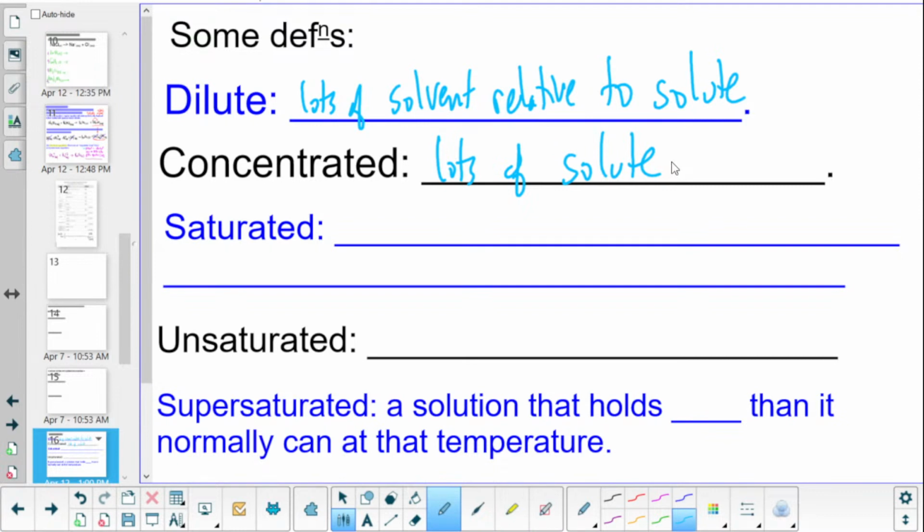Saturated? Saturated means, relative to solvent, it does mean a lot of solute. Theo? I think saturated means there's still solid in there. Saturated often means that there's still solid in there, because if it's saturated, it means you can't hold any.